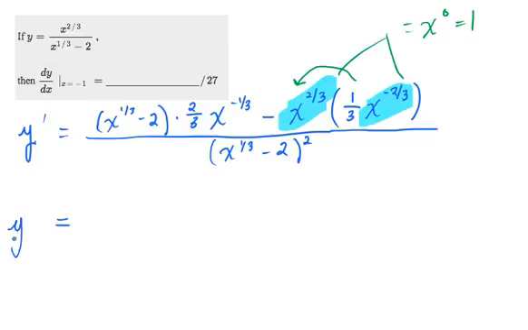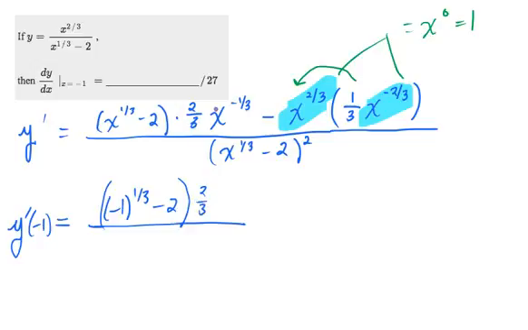Okay, so now let's go ahead and plug in negative 1 for dy dx at x equals negative 1. So I'm going to replace this by negative 1 to the 1/3 minus 2. All of that's in parentheses, and it's times this 2/3 times negative 1 to the negative 1/3. Let's write that x right there.